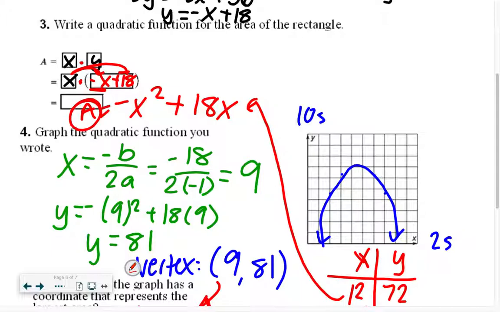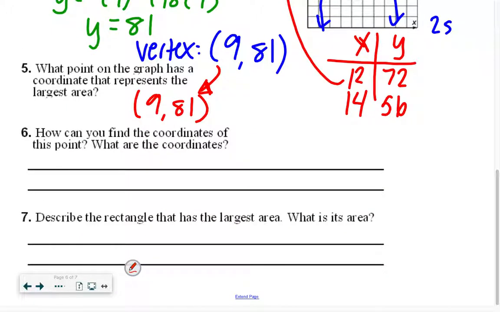Our area. So our area is 81. So if the width is 9, what does the length have to be? 9. So a 9 by 9 rectangle. Our area would be 81. My bad, sorry about that.